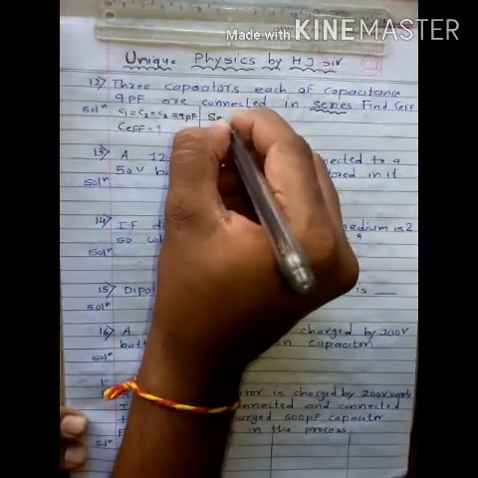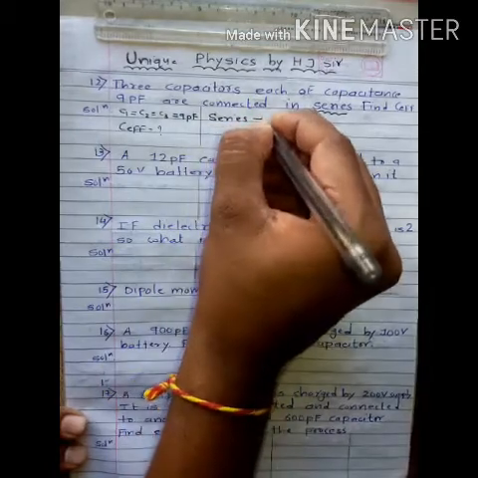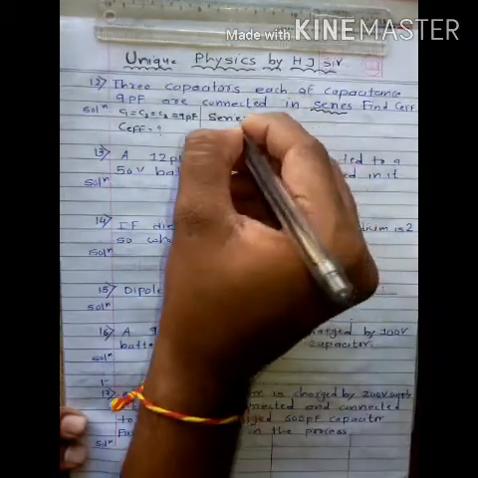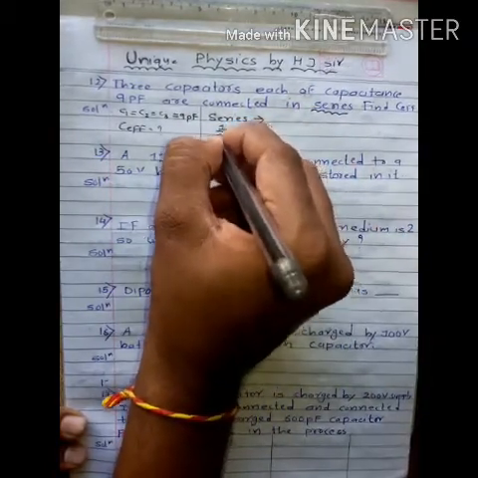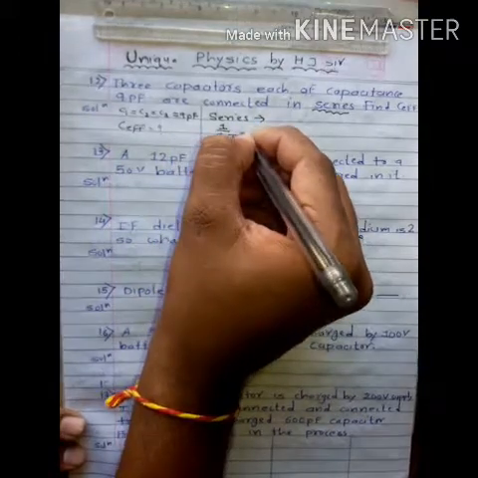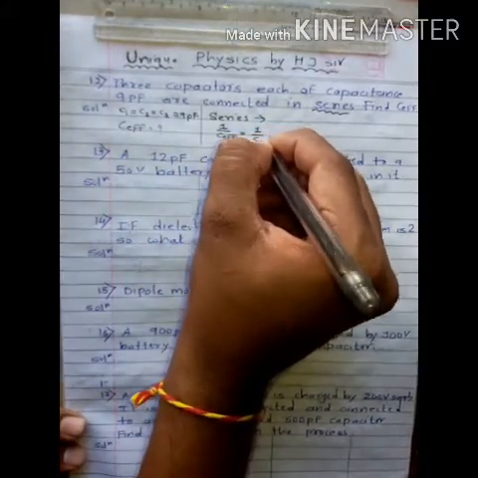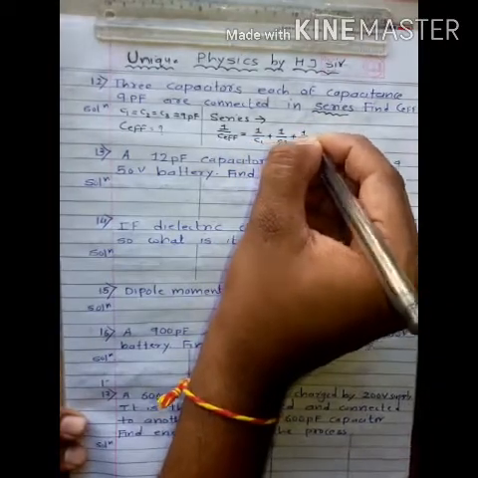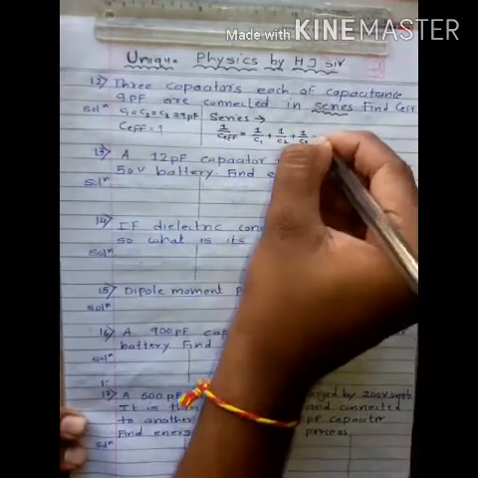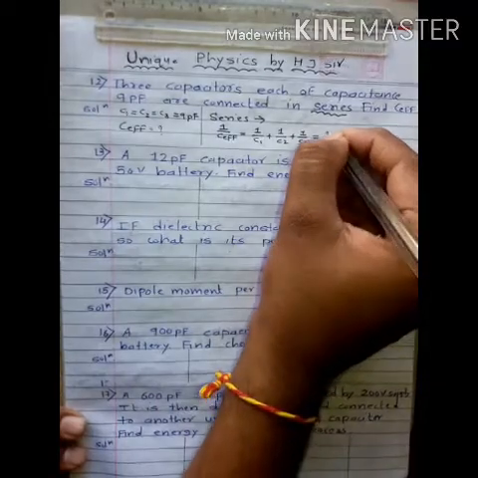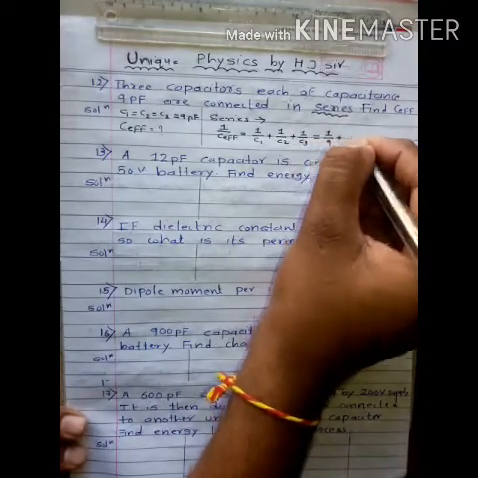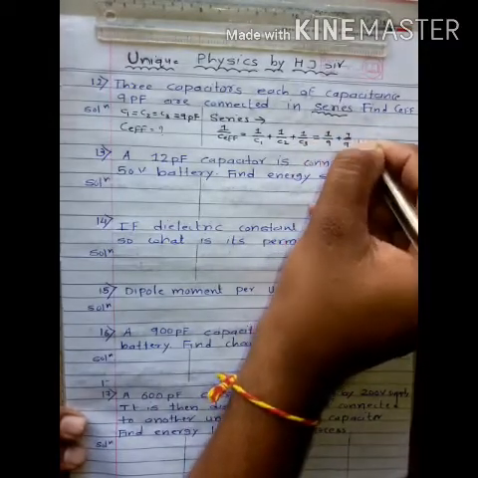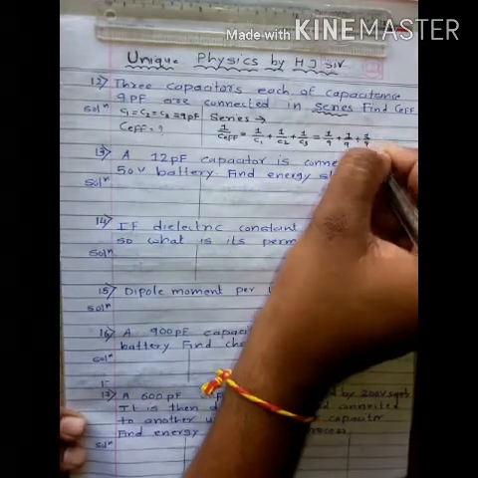So remember this equation. For series connection of capacitors, effective capacitance is given by 1 upon C effective is equals to 1 upon C1 plus 1 upon C2 plus 1 upon C3. So 1 upon 9 plus 1 upon 9 plus 1 upon 9.